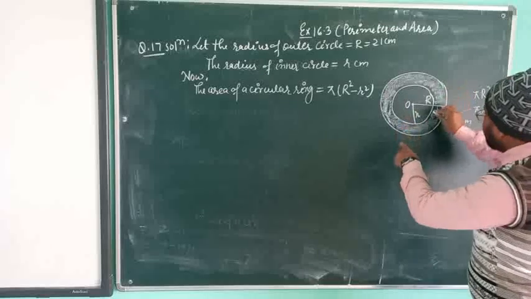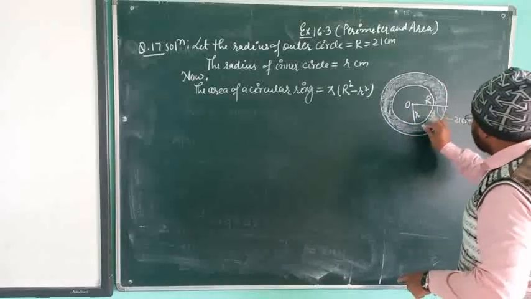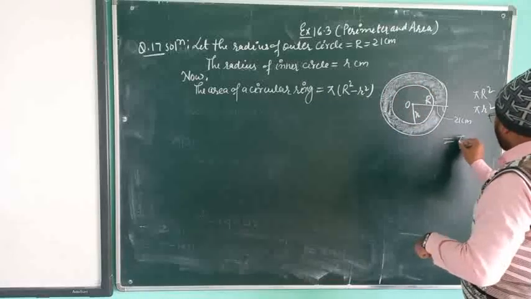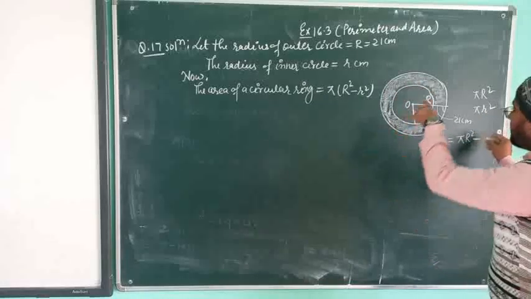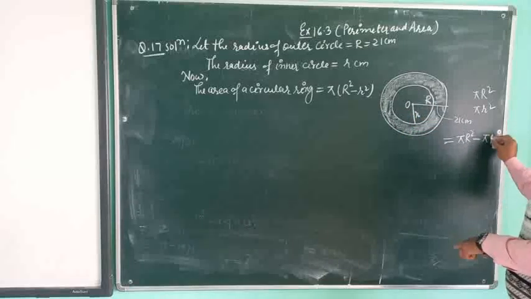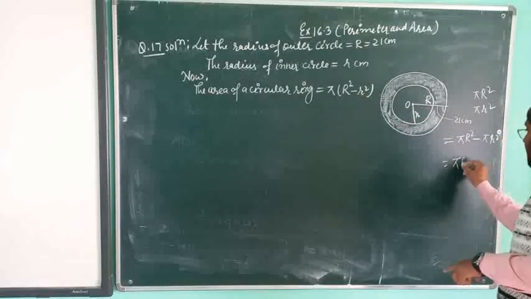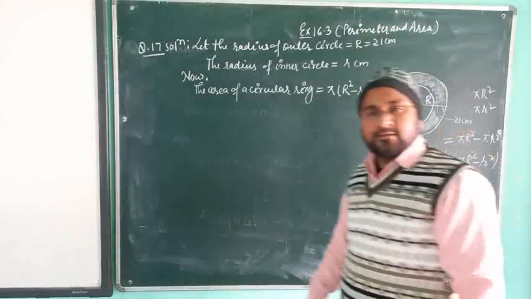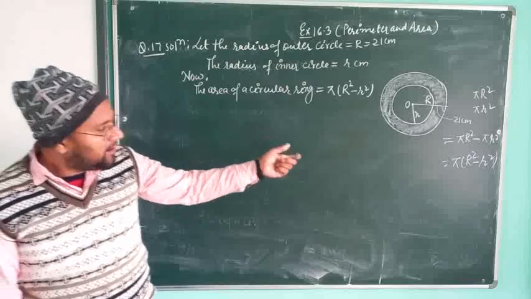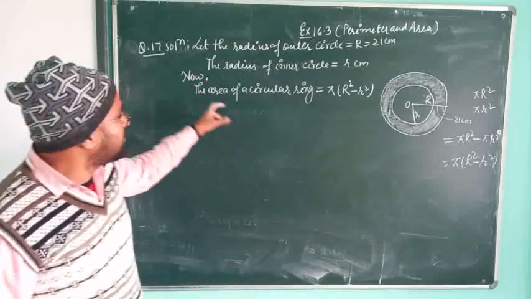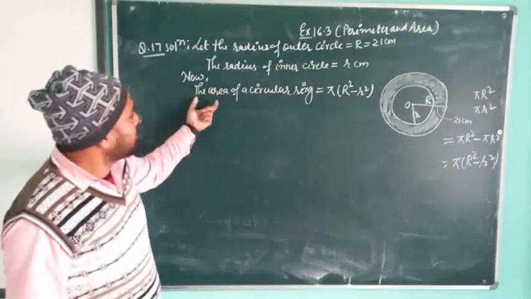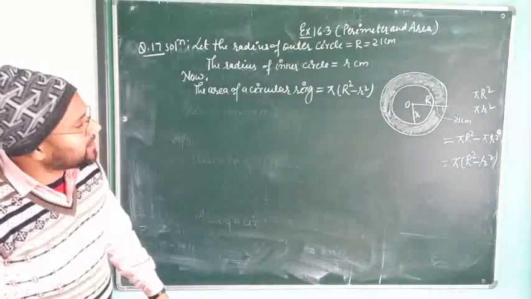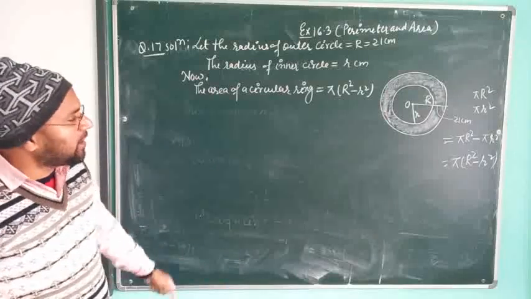So the area of this shaded region is the outer area from which we subtract the area of the inner circle. Pi is common, so we can take it out: pi in bracket capital R square minus small r square. This is the formula. Directly you will get the area of a circular ring is equal to pi in bracket capital R square minus small r square.